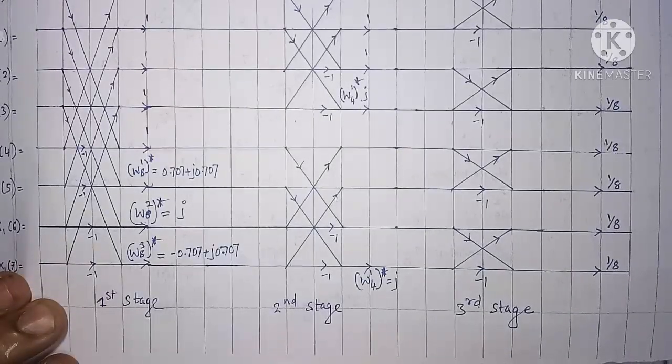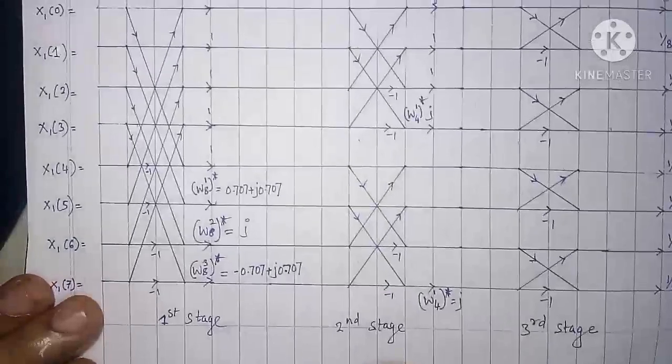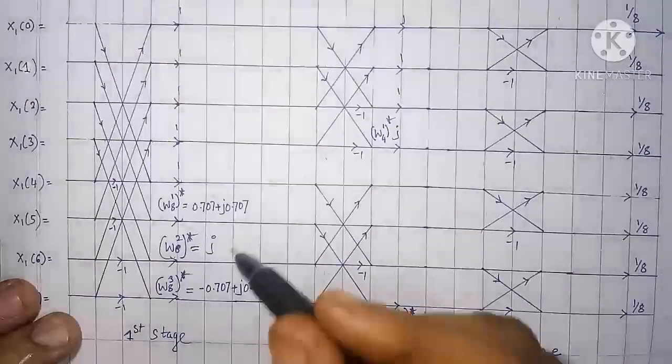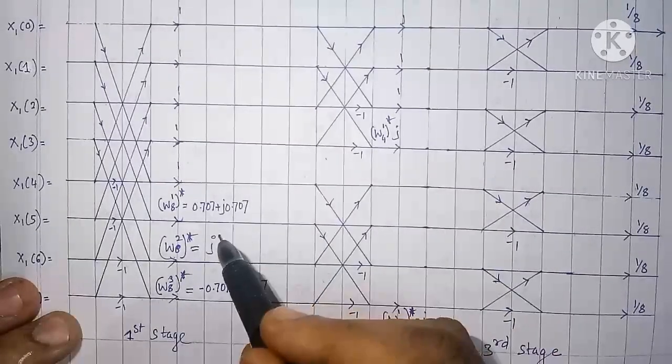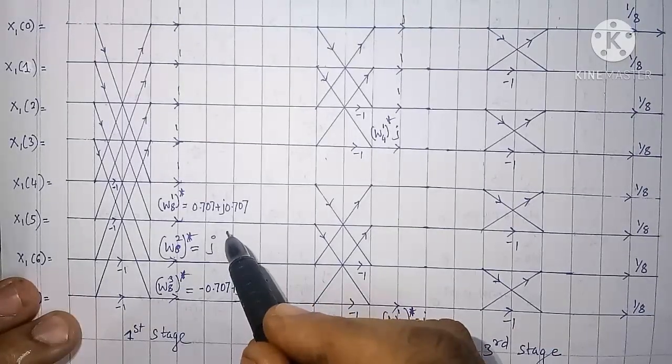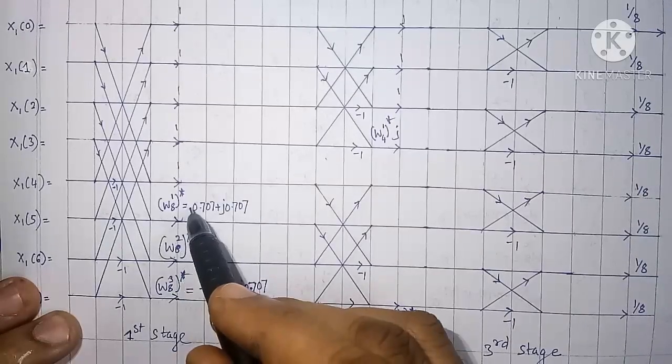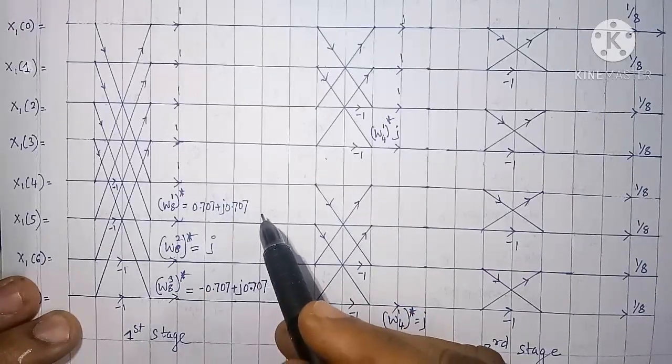You please also note that the outputs of each stage here are multiplied by the complex conjugate of the twiddle factor wherever necessary.